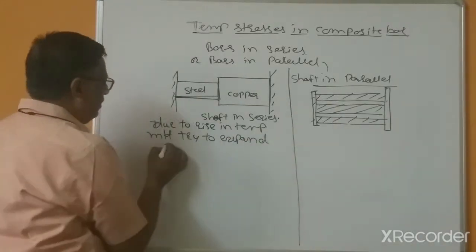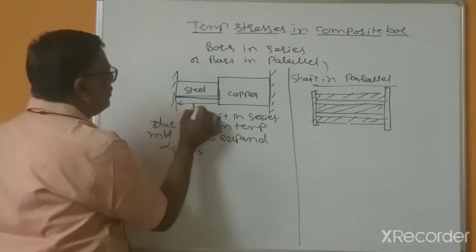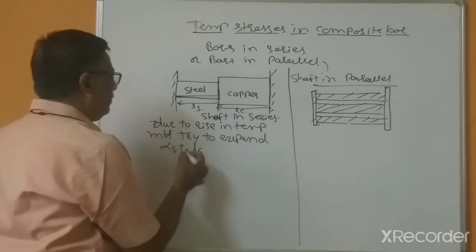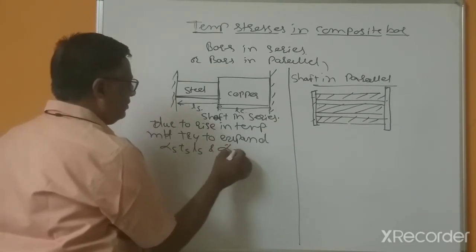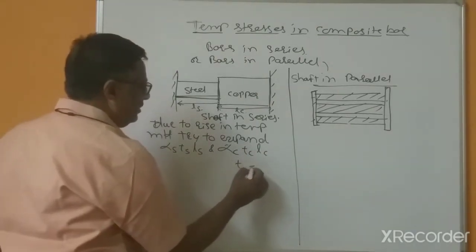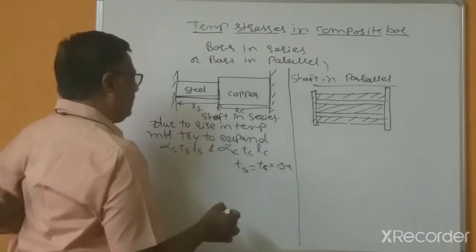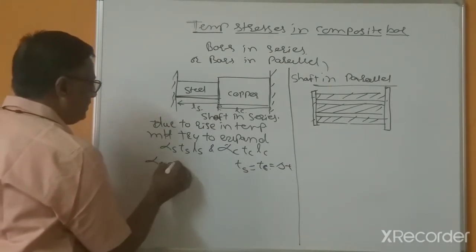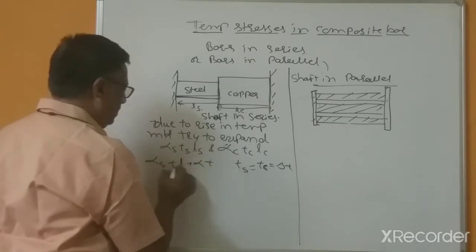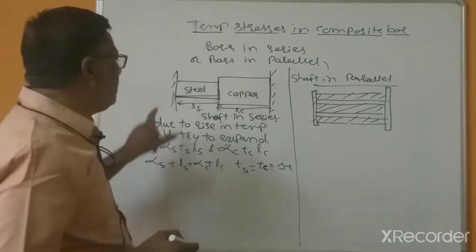So this expansion is alpha S, T S and L S. Suppose this length is L S and this is copper, with T C and this is L C. So T S equals T C, the rise in temperature, delta T. So alpha S T L S and alpha C T L C. Now this expansion is prevented.